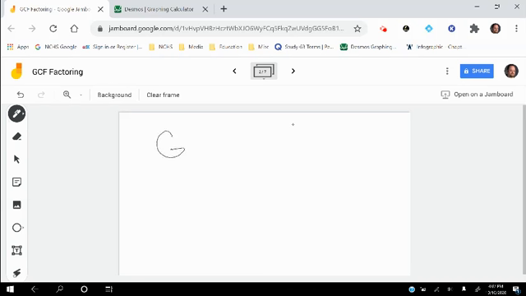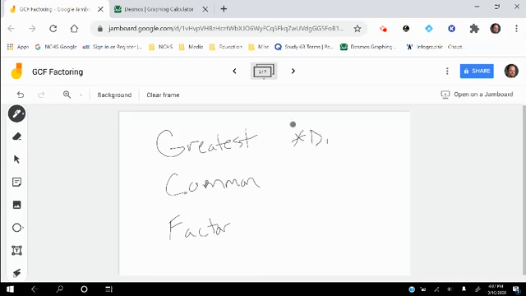We're talking about GCF. So that is the greatest common factor. Remember that factoring is simply a form of division where you are trying to break something down.